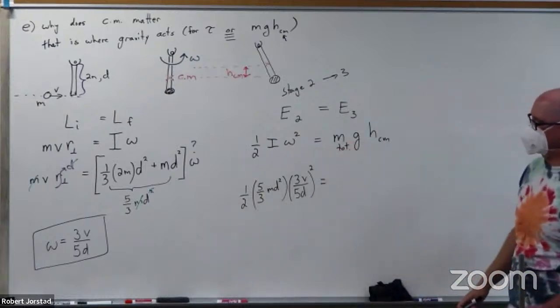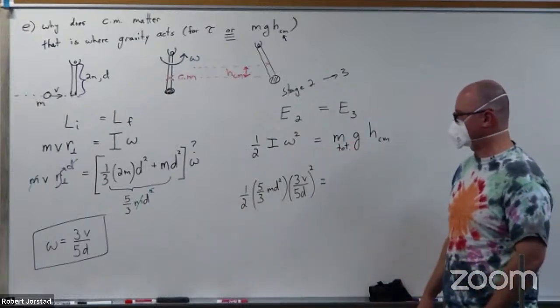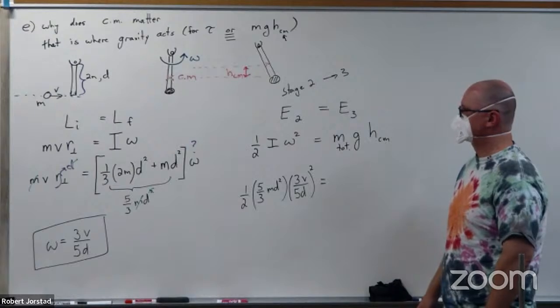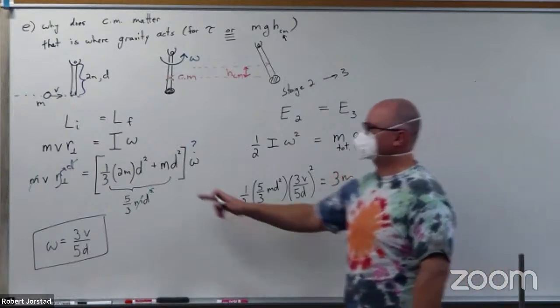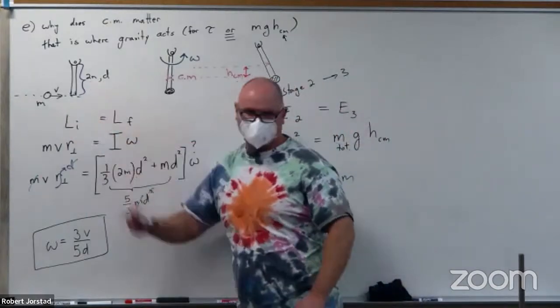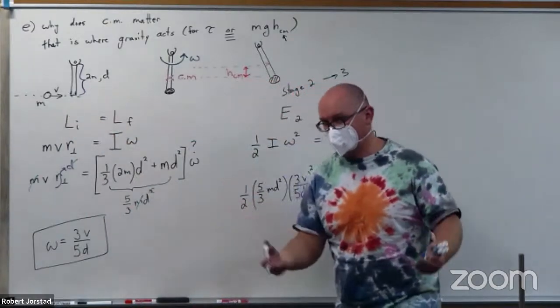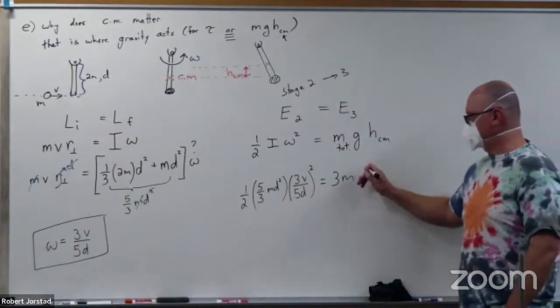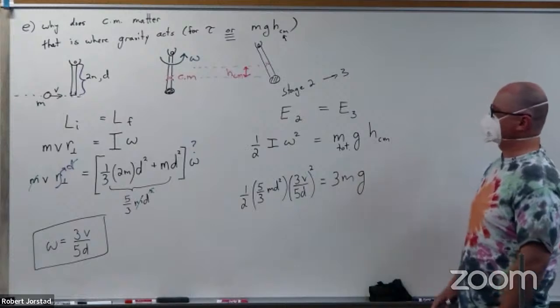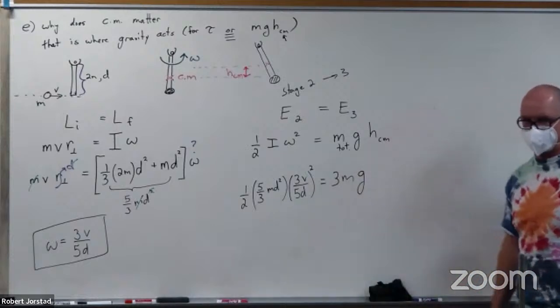Mass total is how much? What's the total amount of mass? 3m, because there's a rod of mass 2m and a point mass m. It's not 2m, it's 3m. So far, so good? What's the height of the center of mass for an object that swings up like this?